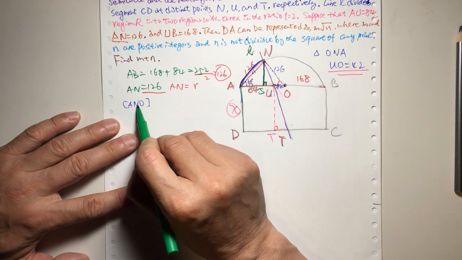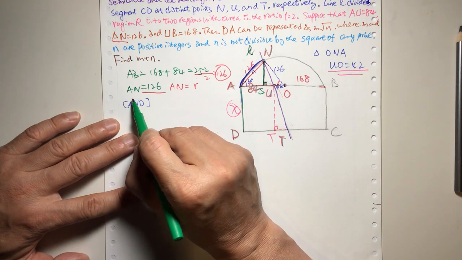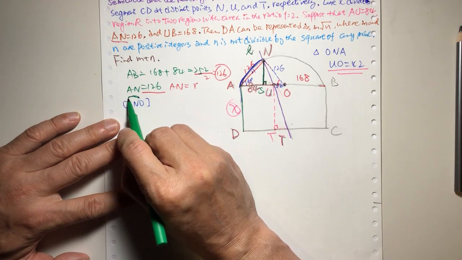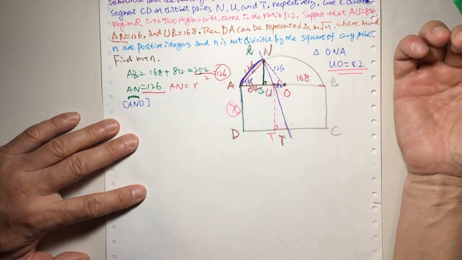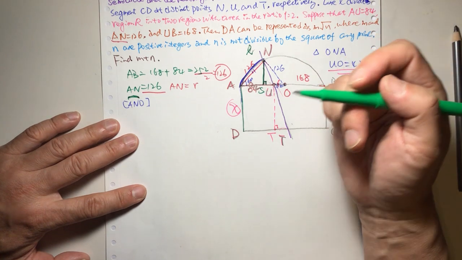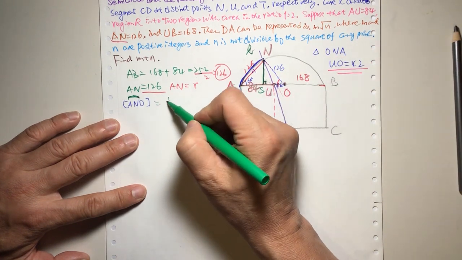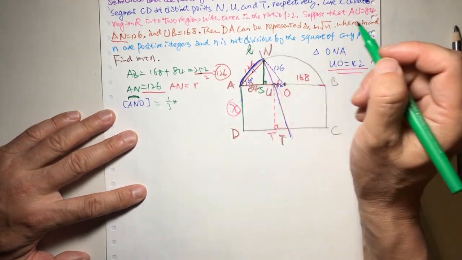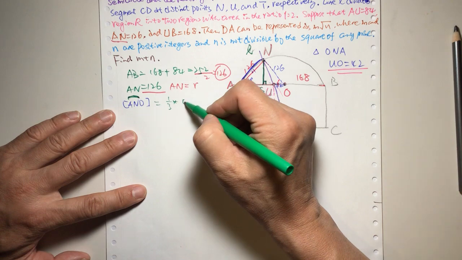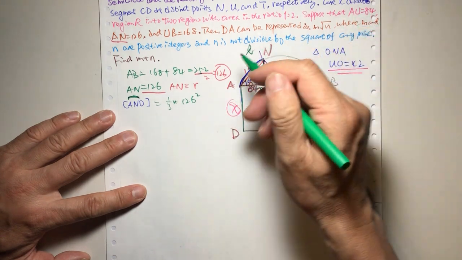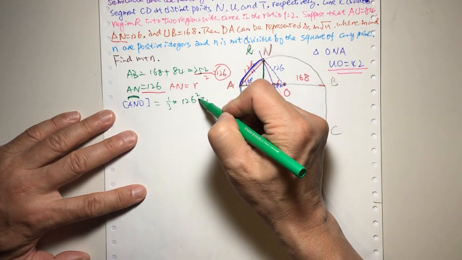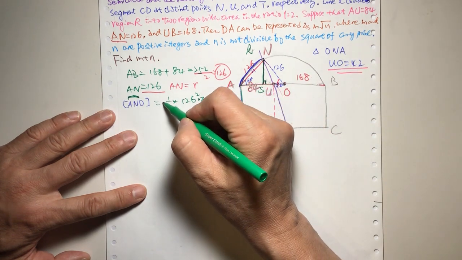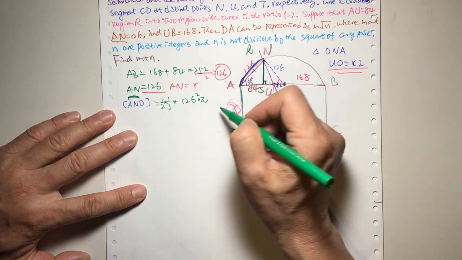It's not just ANO, it includes this part, right? I just use this to represent it. So it is 1/3 of the semicircle: r squared times pi, times 1/2, then times 1/3.